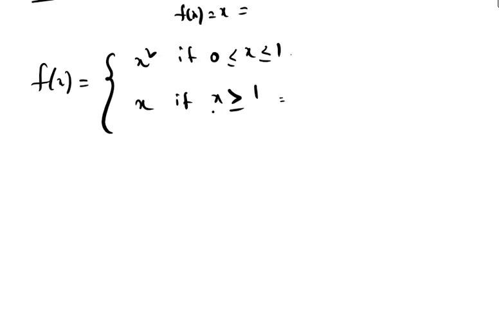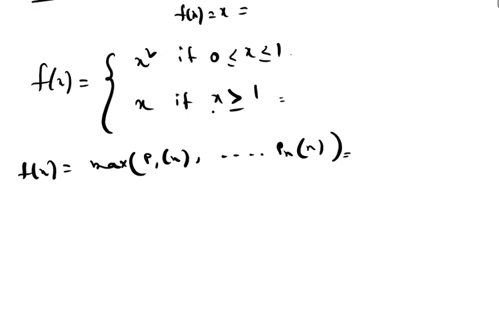So it's a smooth transition, but it switches formula at 1. Now comes the key question. Can we write the function as f(x) equal to max of p1(x) up to pn(x) for some polynomials? Now let's observe something very important.